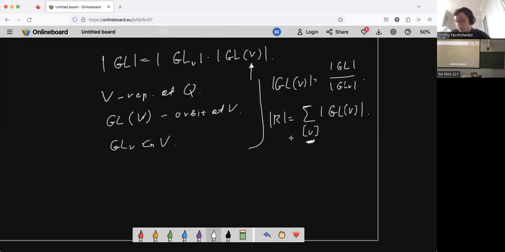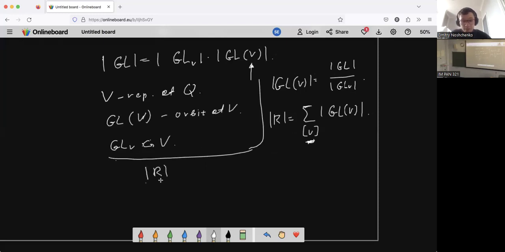And since we already computed both of these, we can now safely say that if you take R and divide by GL, this is now what we want to study.